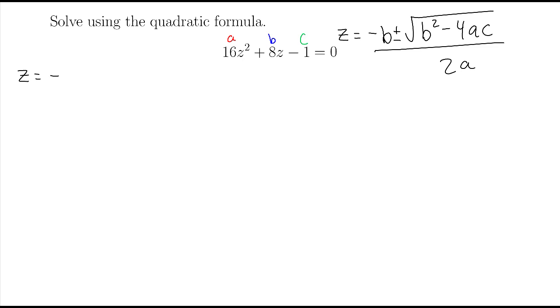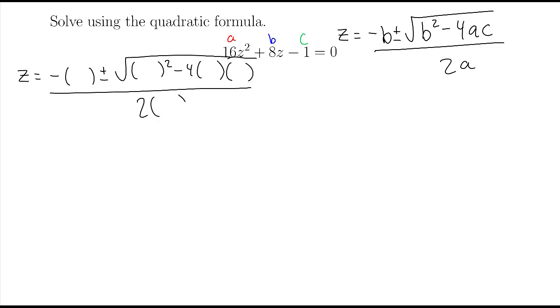So negative blank for b, plus or minus square root blank squared minus 4 blank blank, all over 2 times blank. So that's negative b plus or minus square root b squared minus 4 times a times c over 2 times a.